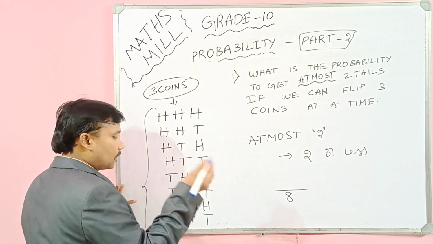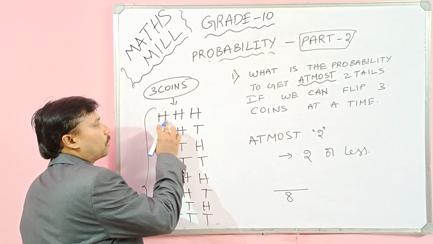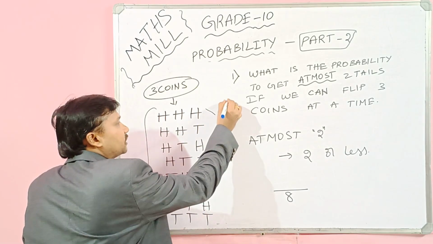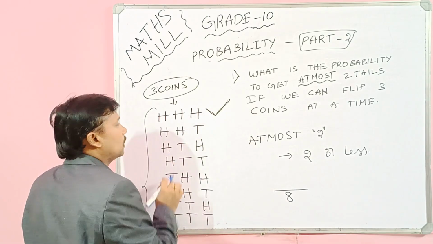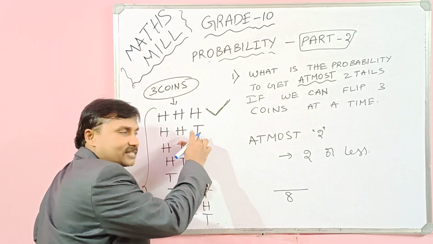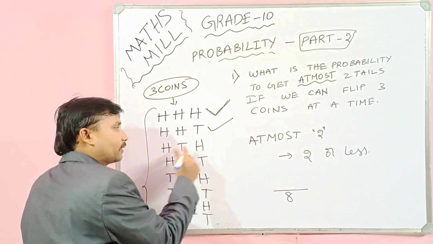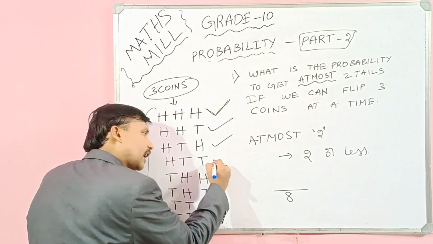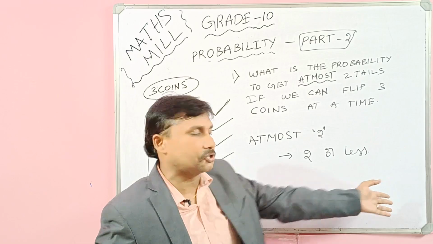2 tails or less. Here if you observe, 2 or less we said. Even 0 we also consider. Here 1 is also less than 2. Here 2 is considered because 2 or less we are considering.